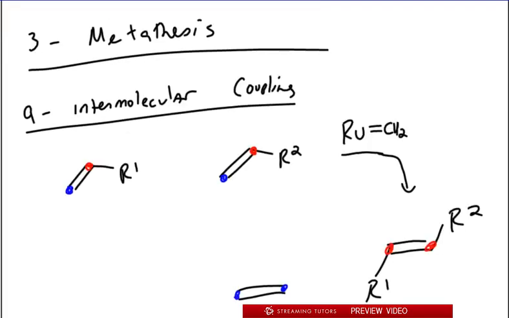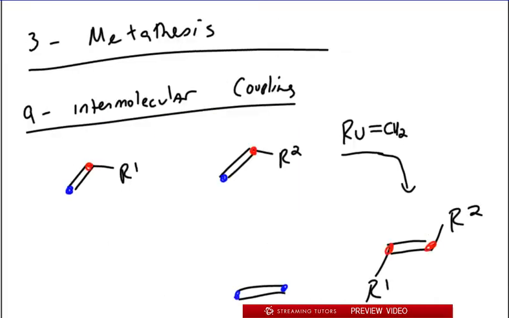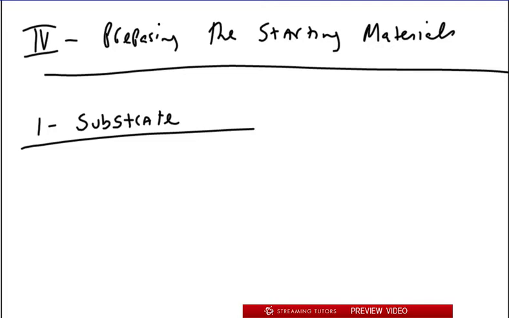So for example, over here we have a substrate, and then we have this piece here, which is either an alkene or some other alkyl group with a metal on it, right? So right now we're dealing with the substrate. Now, remember I said that in general, a substrate has a leaving group, right? So what is the leaving group? Well, the first one, which is pretty obvious, is a halogen, right?